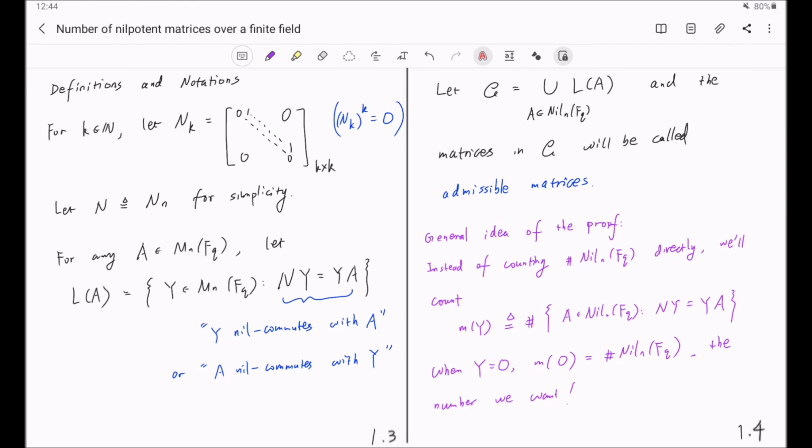And we will use the information for M of y for all other y's to get this very number, M of 0. That is to say, in order to achieve our goal, we first want to make our life harder by studying something that is seemingly more complicated. Well, that is usually the case in mathematical research. The statement of a problem might look very simple, but the solution to it can be very hard.